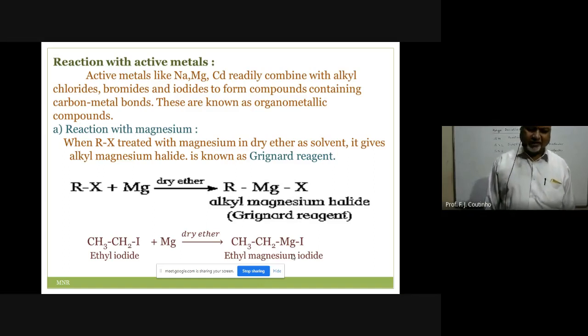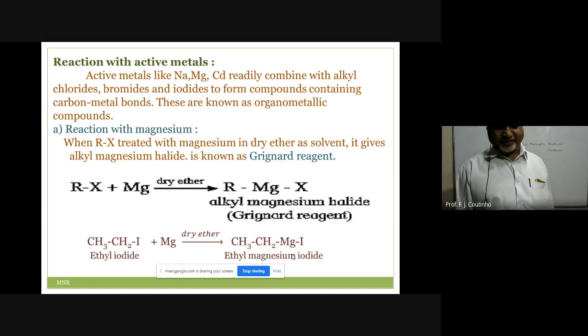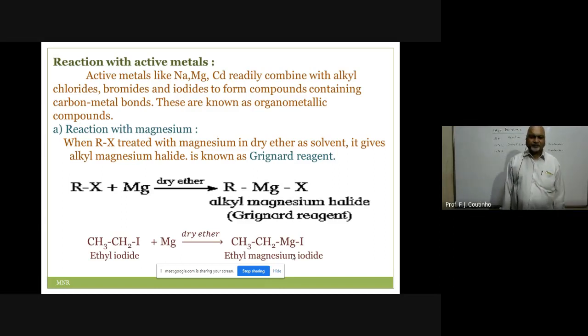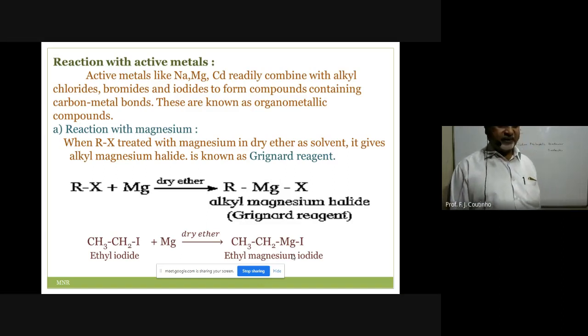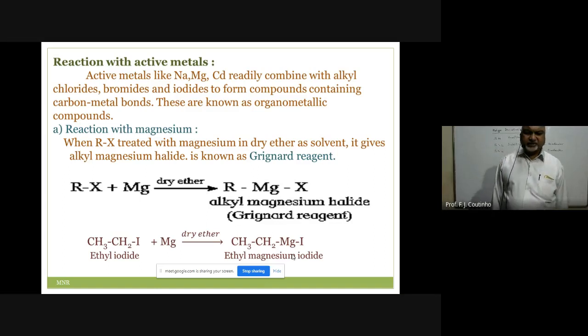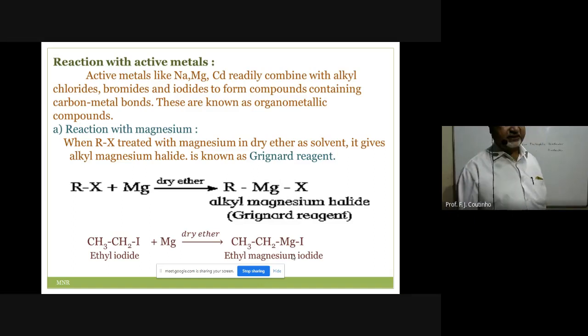Or I would say it is a sandwich reaction, because magnesium has been sandwiched between the alkyl group and the halide group. So alkyl magnesium halide is also known as Grignard's reagent. You take ethyl iodide and treat it with magnesium in the presence of dry ether, which is very important. If the condition of dry ether is not there in your answer paper, half marks are deducted.